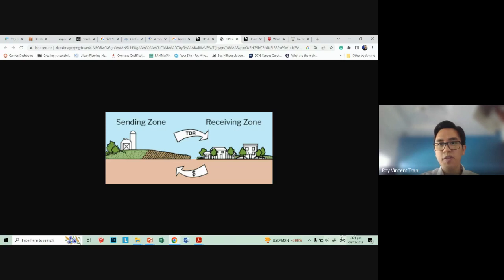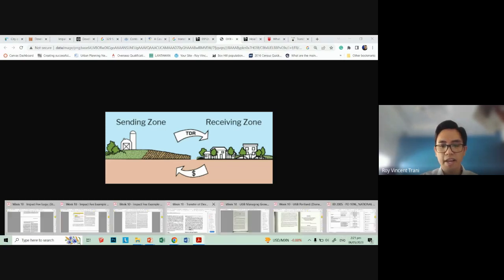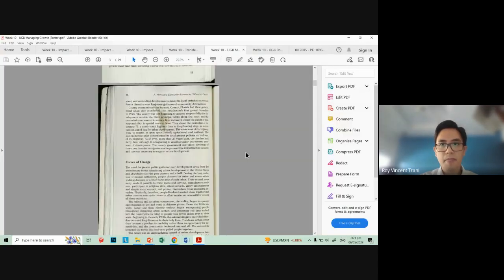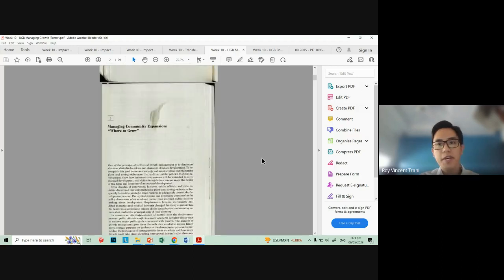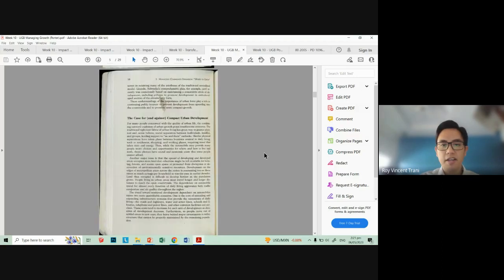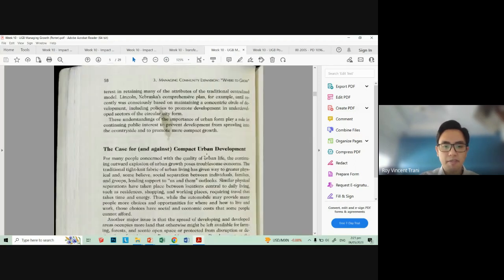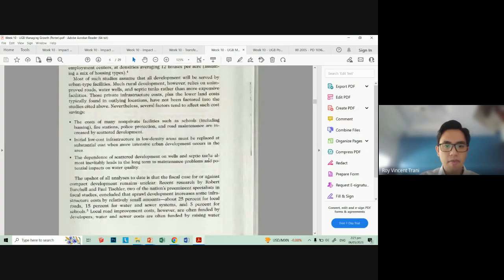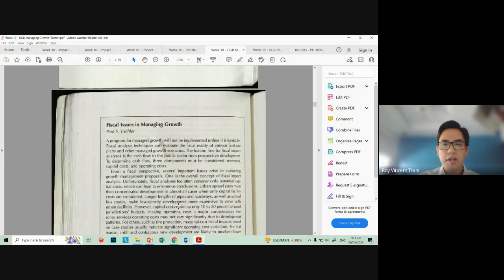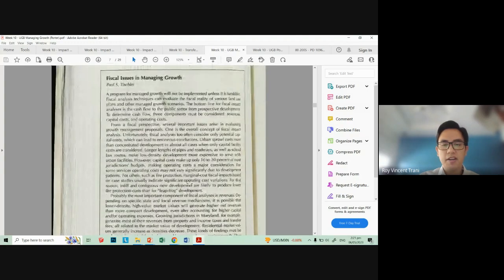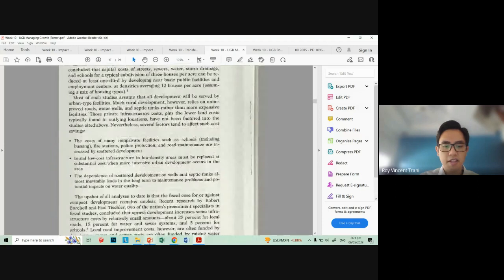So it's already 12:21. I'll just quickly go over the last one here. Urban growth management, we talked about this already, but let's just quickly go over it. Apparently, I think I reused the same resource, but it's in the list.